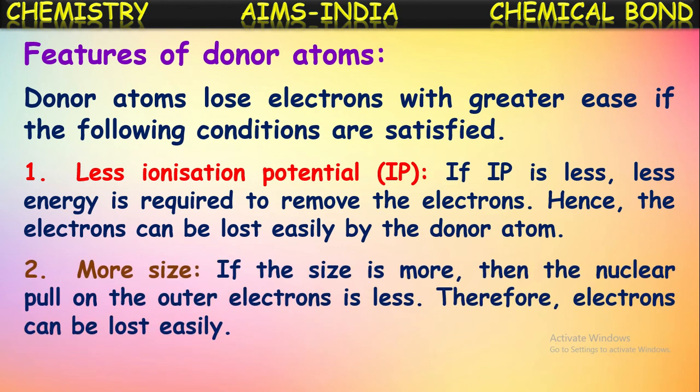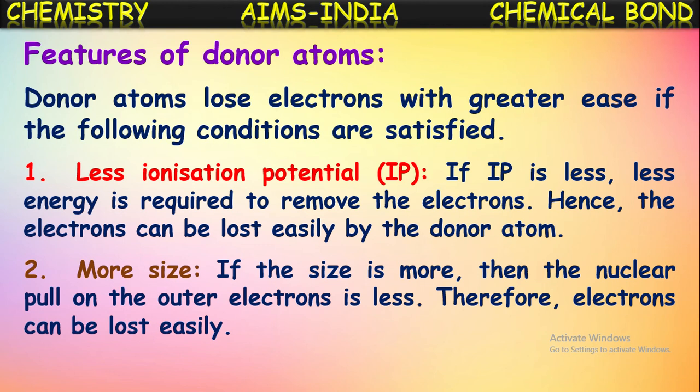The second property for donor atoms is more size. If the size is more, then the nuclear pull on the outer electrons will be less. Therefore, electrons can be lost by the donor atom very easily. If size is bigger, the nuclear force of attraction on the outer electrons will be less because the distance between these will be greater.